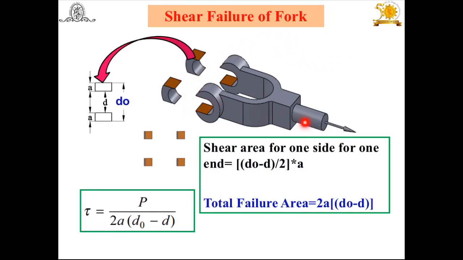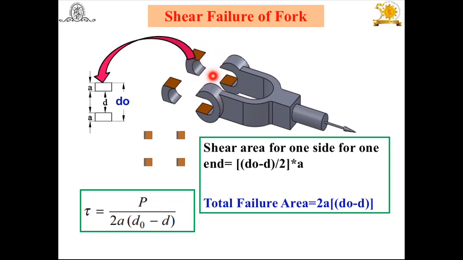Now here again, because of this tensile axial force, shear failure of the fork is going to occur at the hole here. The shear area of one side you will get, as well as the bottom, that means 4 shear areas here.